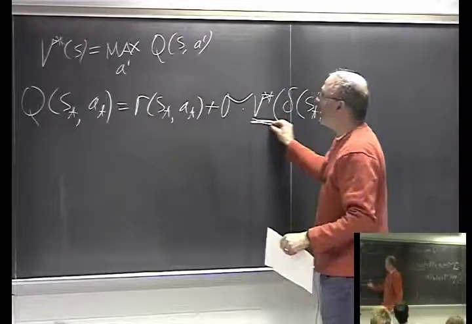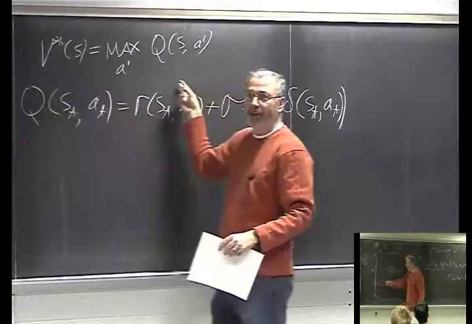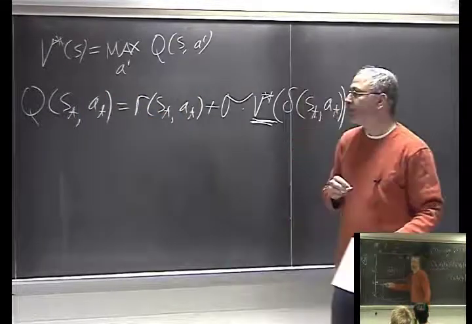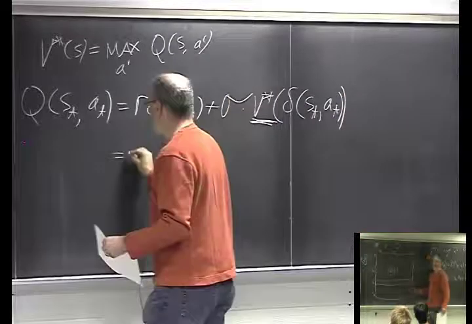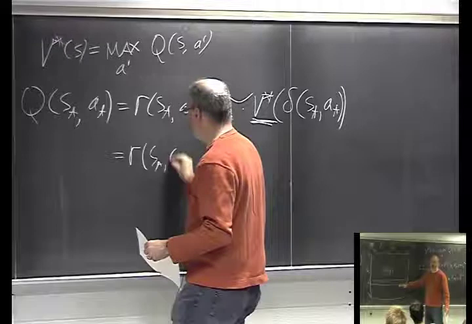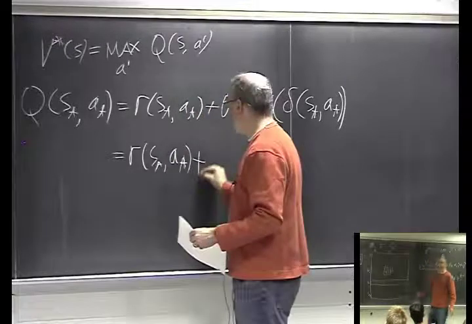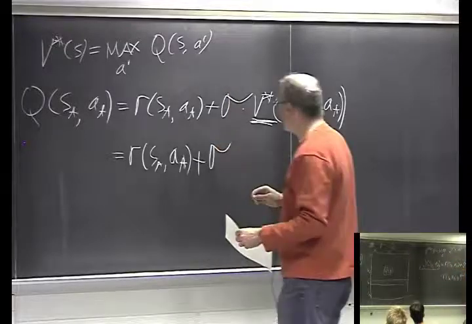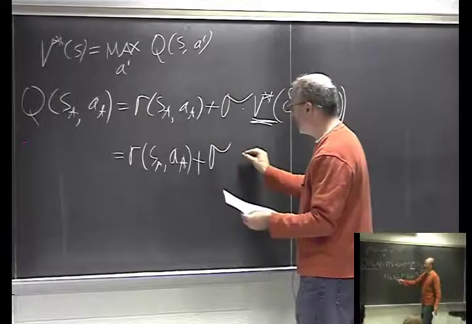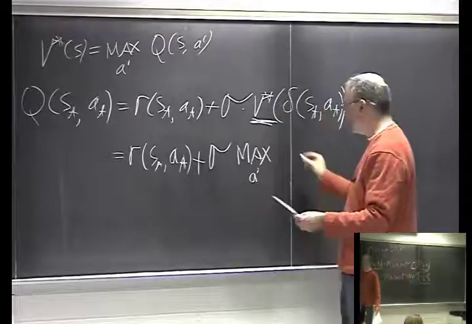Because I tell myself, if I took this action and I ended up in this state, now I could take the next action from anywhere here, and I'm assuming now that this is correct. I know it's not the correct table, but I'm assuming now temporarily this is the correct table. This is my tentative values. So I'll take the maximum value, discount it appropriately, add to it the current reward that I got, and this would be my refined estimate of this position.